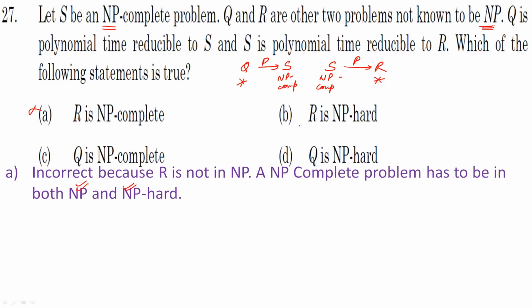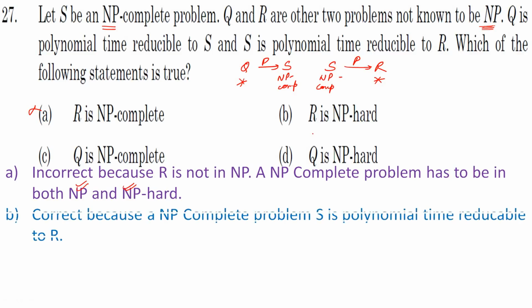We know that R is not NP, but yes, it is NP hard because there is a polynomial time reduction from the NP complete problem S to R. That is, R is as hard as S, so R is NP hard. So this is true, and this is our answer.